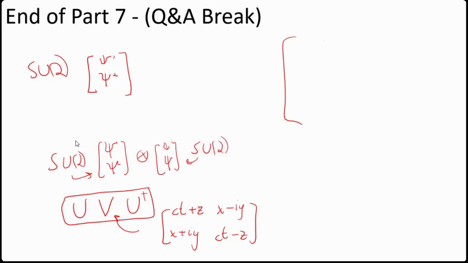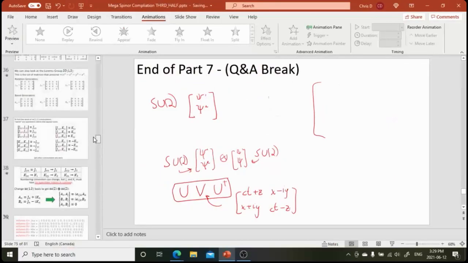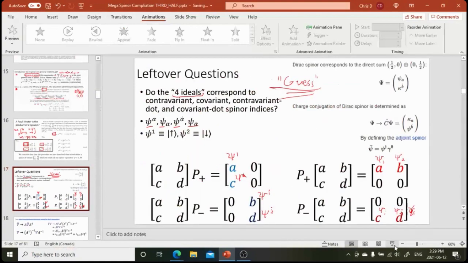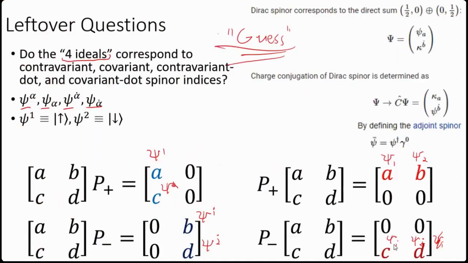I don't remember when you joined, but I've had this question out. If I might go back here to the start. Sure. So, if I said that spinors can have like 4 different index types, there's like the contravariant, covariant, dotted, covariant dotted. Does that sound familiar to you, or is that like new?